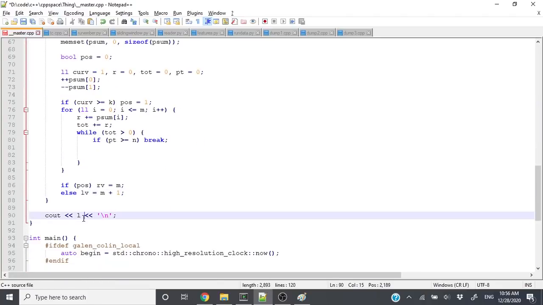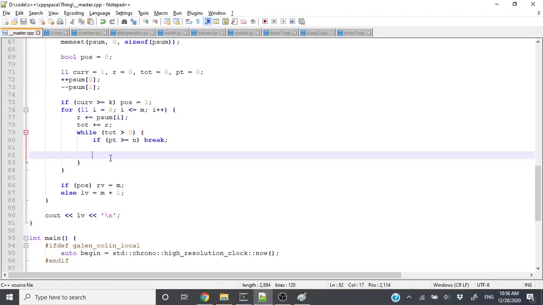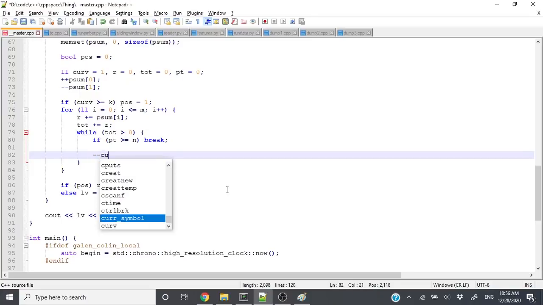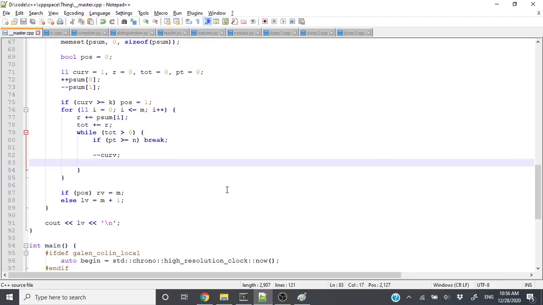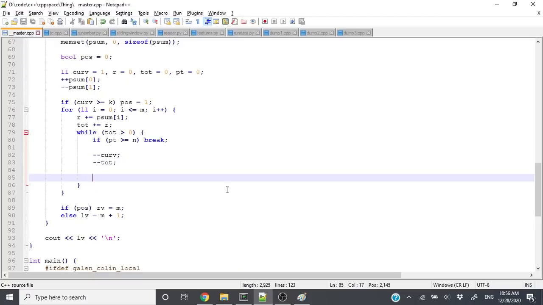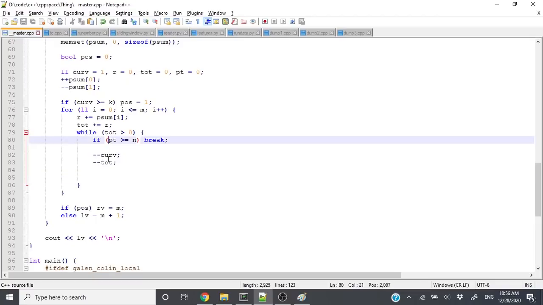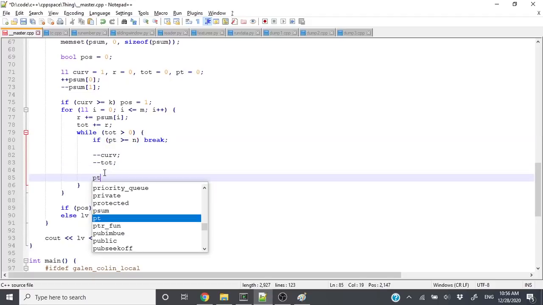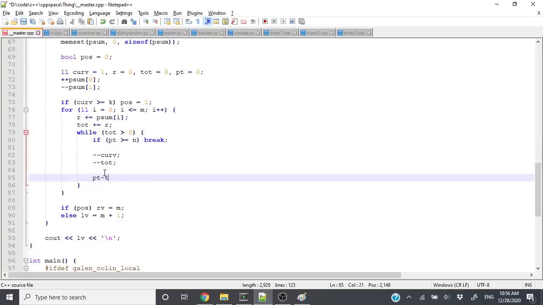I knew I would screw my own variables over at some point. So while total is greater than 0, we consider taking the current thing. So minus minus curV, because we're not using that. Minus minus tot. And we say we're going to take the a[p]th curve, or a[p] maybe.